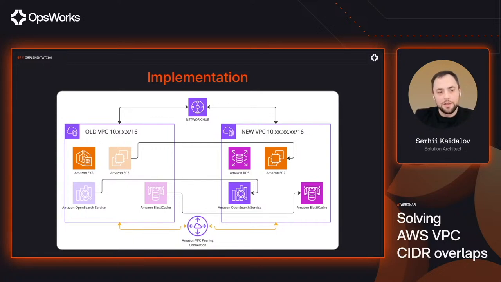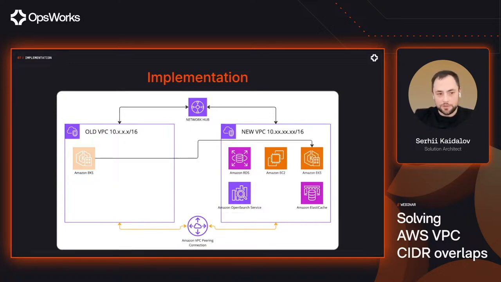That's it. And the last part, the most important, the EKS cluster. We created a completely new cluster in the new VPC with IPv6 support, dual stack, everything. We created all the auxiliary components such as cert-manager, load balancer, AWS Load Balancer Controller, all the stuff. Then we deployed all the applications for the customers.